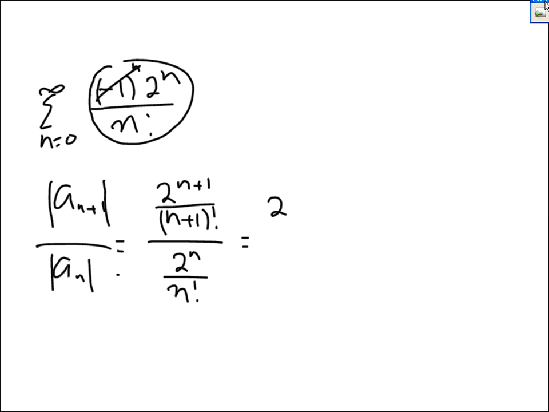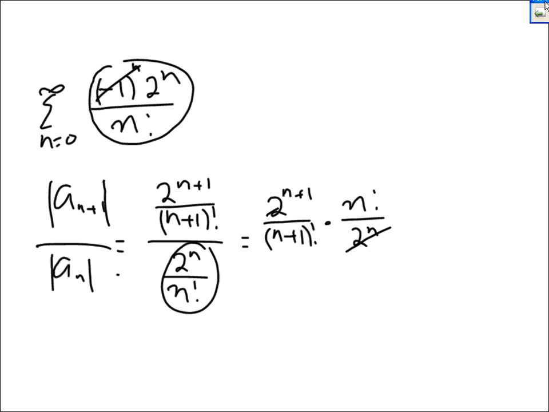Well, what you get is 2 to the n plus 1 over n plus 1 factorial times the reciprocal of that, n factorial over 2 to the n. The bases are the same, they're both 2, you're dividing, so you subtract the powers. n plus 1 take away n is 1, so 2 to the 1.